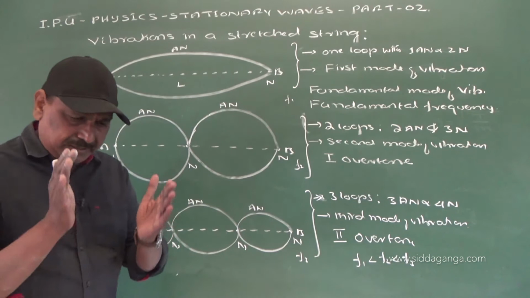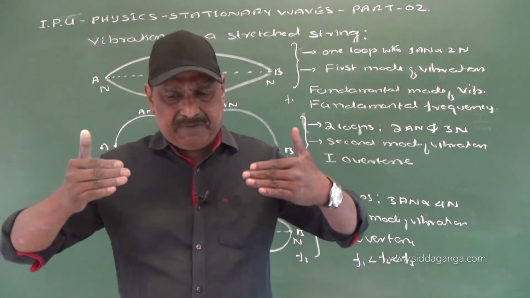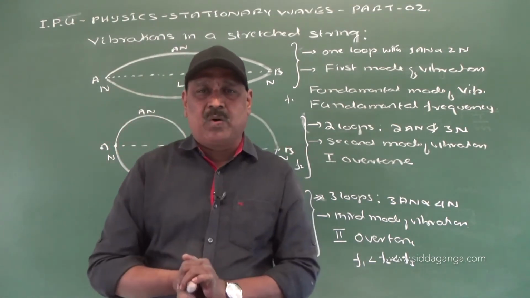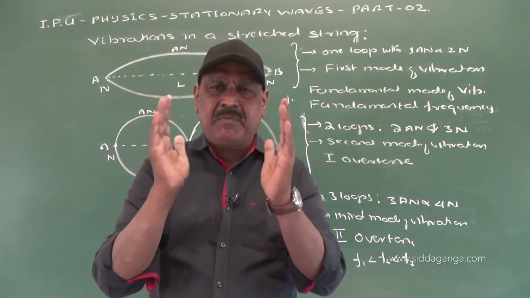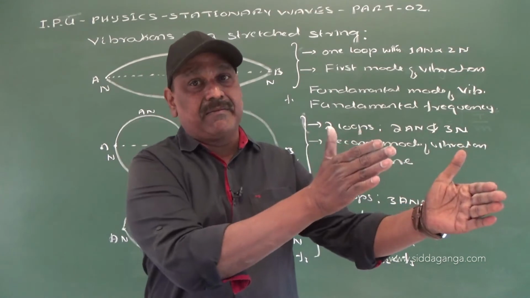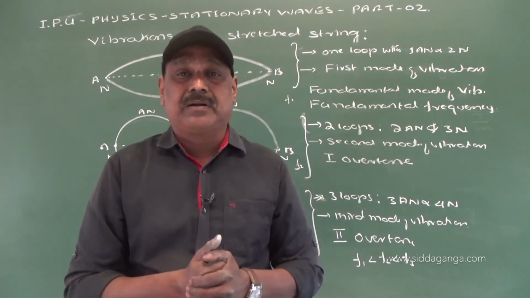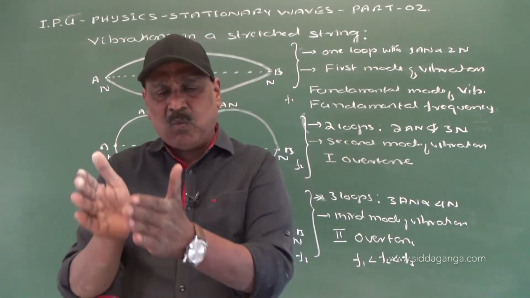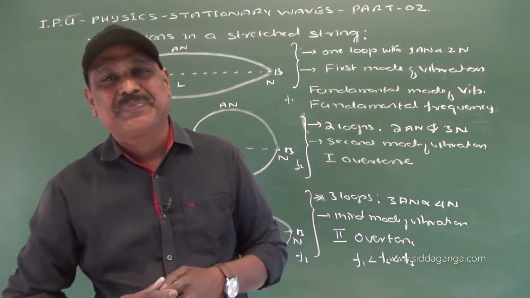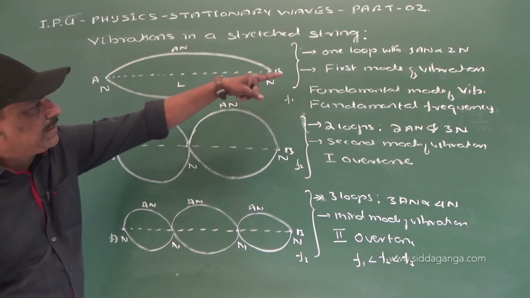Now, remember that in the case of stationary waves, if a stationary wave is vibrating in the fundamental mode, it vibrates with the minimum possible number of nodes and antinodes. And in general, this holds not only for a stretched string but also for an air column. When we go from one mode to the next mode, there is an increase of one node and one antinode. You see, the fundamental mode has one antinode, two nodes.